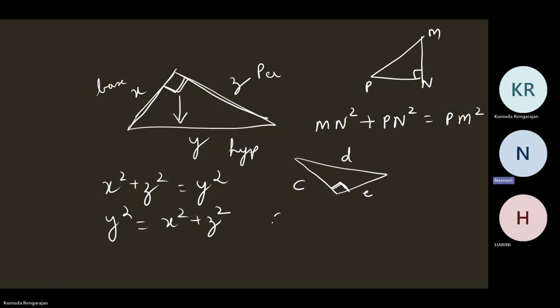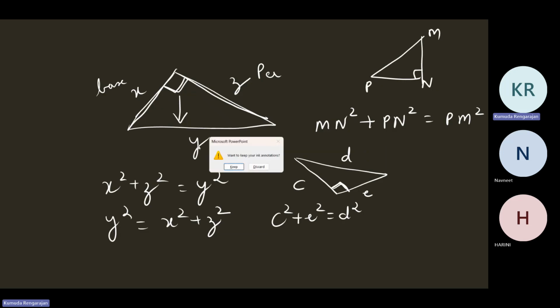Ma'am, C square plus E square is equal to D square. Very good. Understood, both of you? Yes, ma'am. Very good. So this is the result by Pythagoras theorem or Pythagorean theorem. Now let's see the statement.